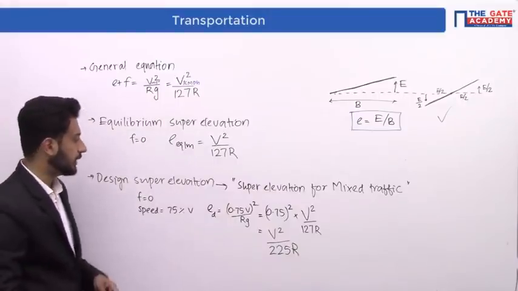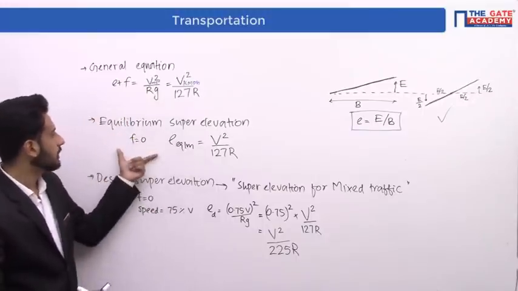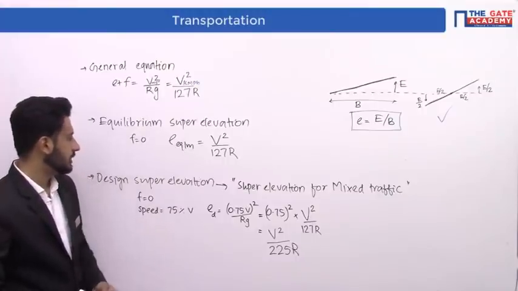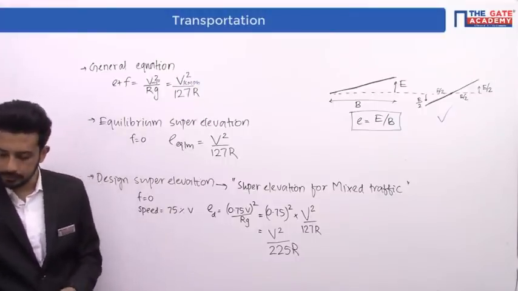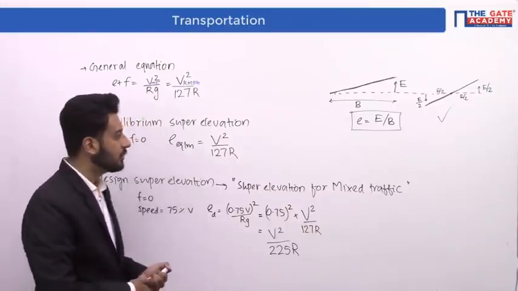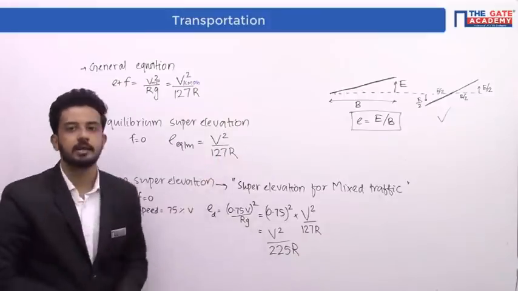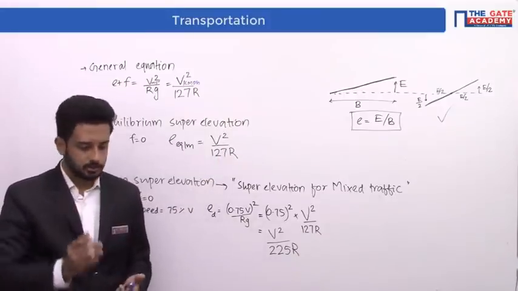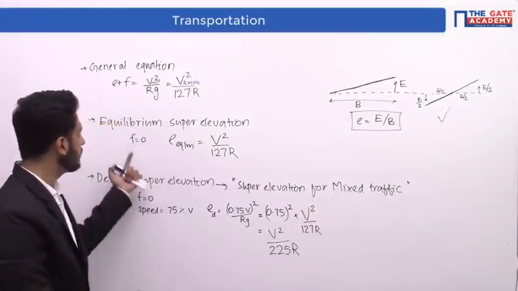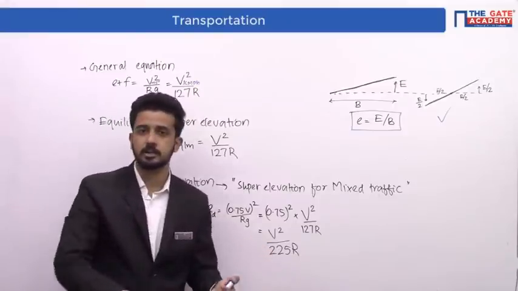Okay, this is the design superelevation. So we have the general equation, the equilibrium equation, and the design superelevation equation. Based on the question, we should understand which equation we have to use and substitute in that equation. So check the question once again, whether they have mentioned anything, equilibrium or design or superelevation for mixed traffic.